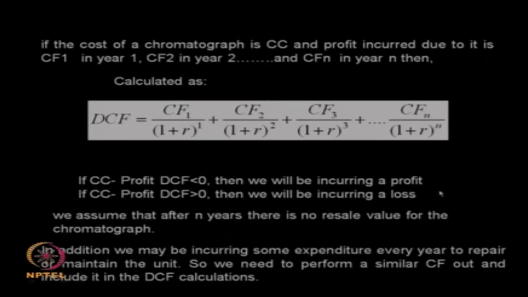Of course, in this we did not assume any resale value for the chromatograph. If there is a resale value, that means in the 11th year I sell the chromatograph very cheap, but still I get some money out of that, I can include that also. I can calculate the net present value for the amount of money I got by selling the chromatograph.